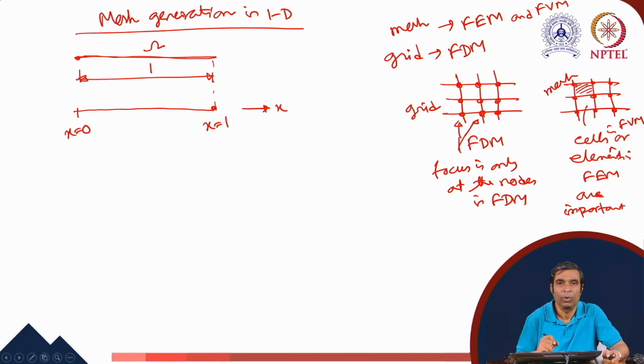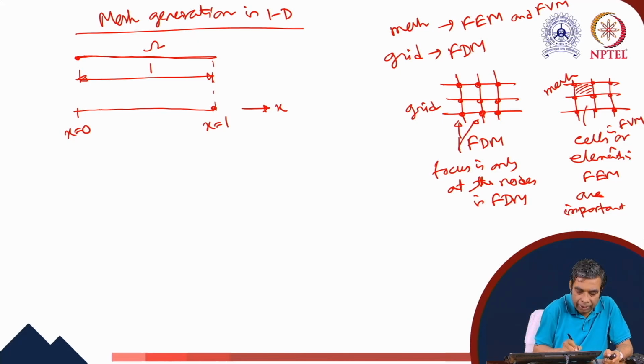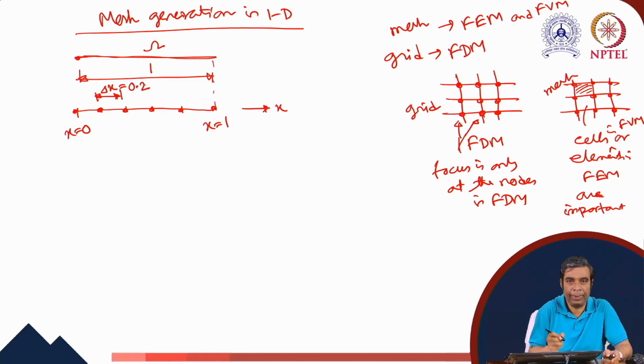Now we select at the beginning how many nodes and how many elements we want. Let us consider that for this particular case we want 5 elements. So here I identify every element and every global node. The distance between two successive nodes is known as the mesh size or grid size, which for the present example is 0.2.